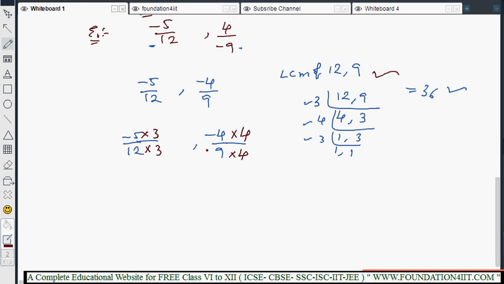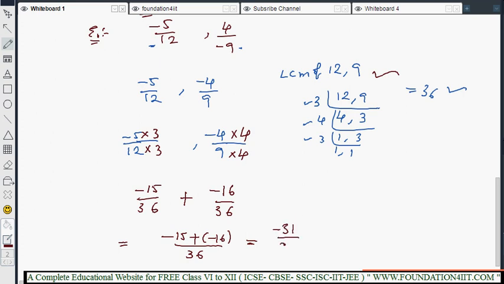Now to simplify this, minus 5 into 3 is minus 15 by 36, and minus 16 by also 36. Just add this sum now: minus 15 plus minus 16 by 36, because the denominator is the same now. So minus 15 plus minus 16 is minus 31 by 36. After doing this, if it is possible we can simplify, otherwise we can leave that.